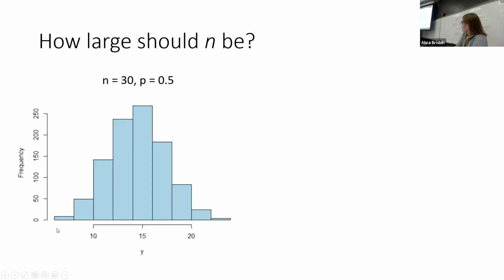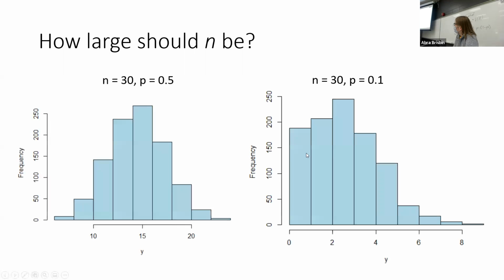And if we simulate binomial random variables with n of 30 and p equal to 0.5, yeah, that looks pretty good. Here's what it looks like when n is 30 and p equals 0.1. So there a normal distribution doesn't look so good.